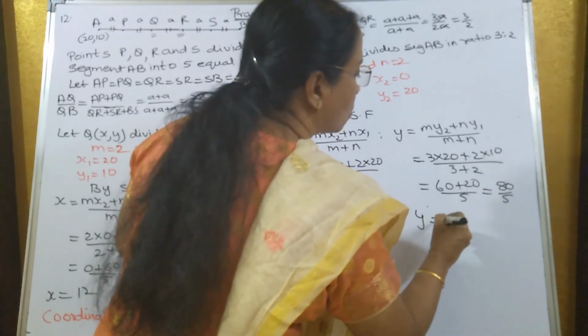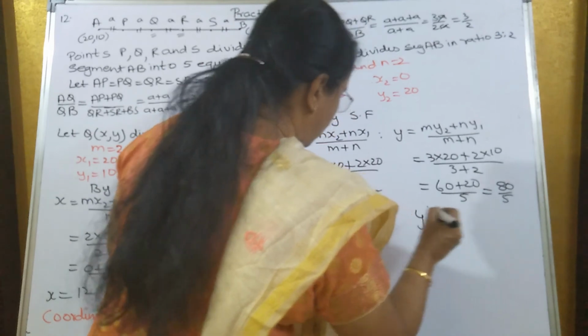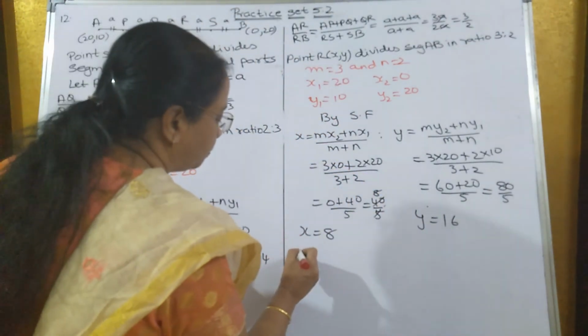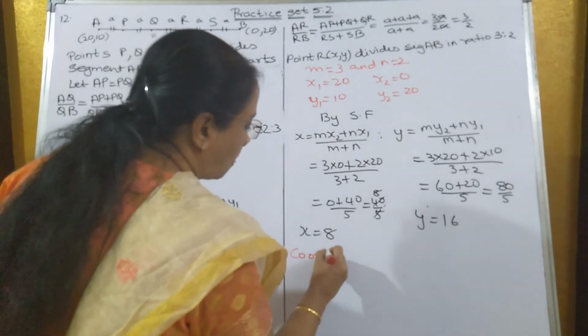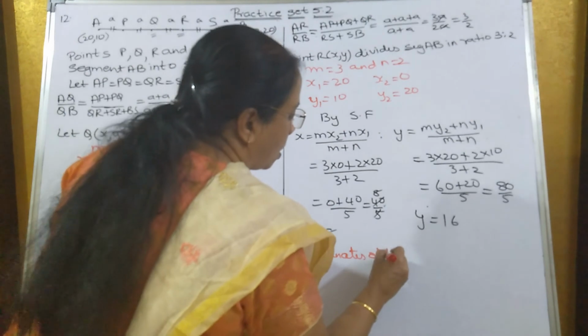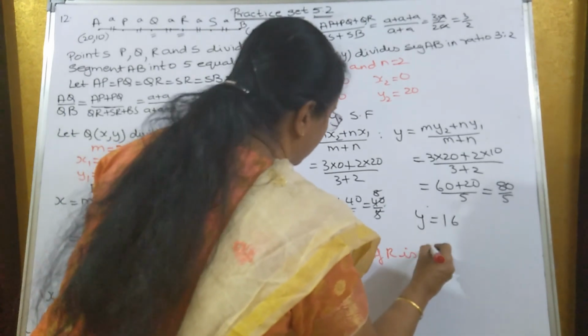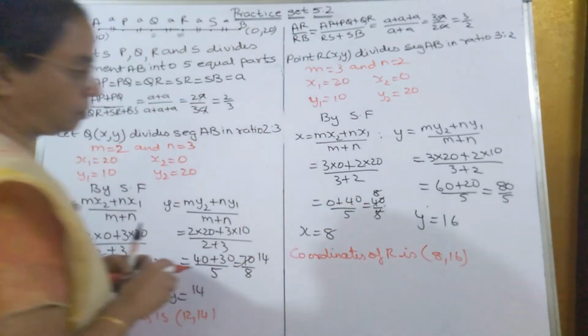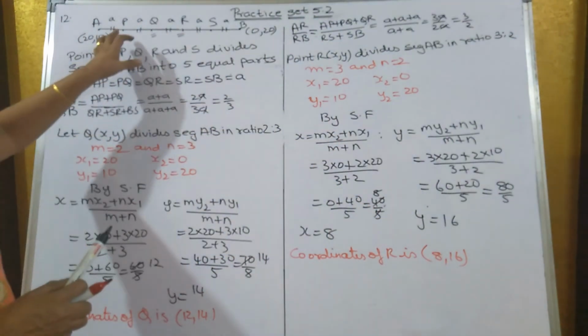Y is equal to 16. So coordinates of R is 8, 16.